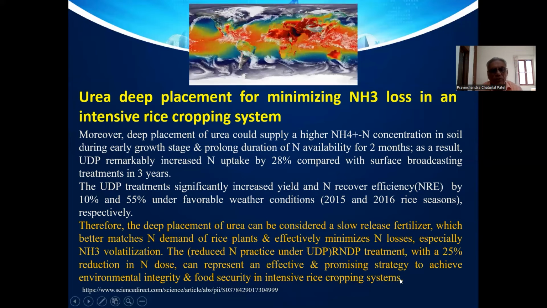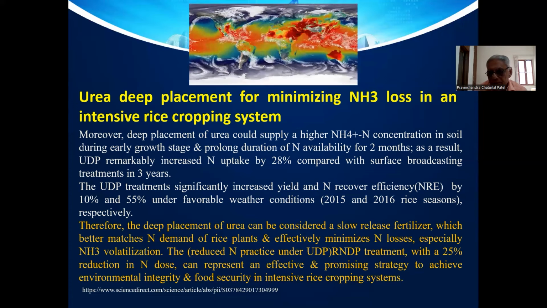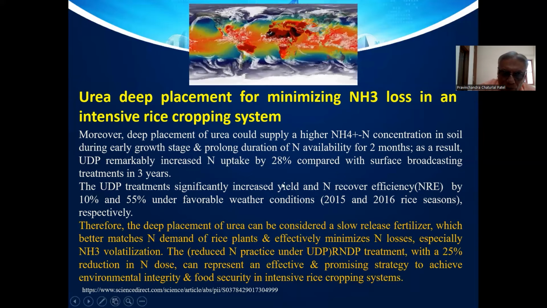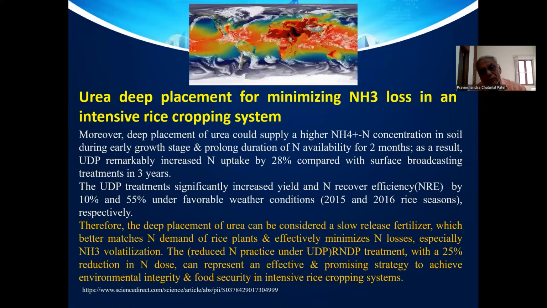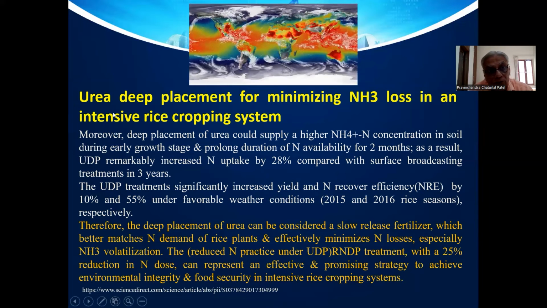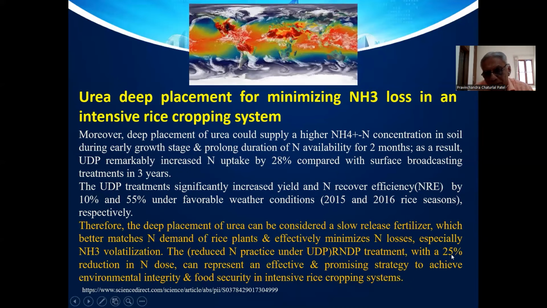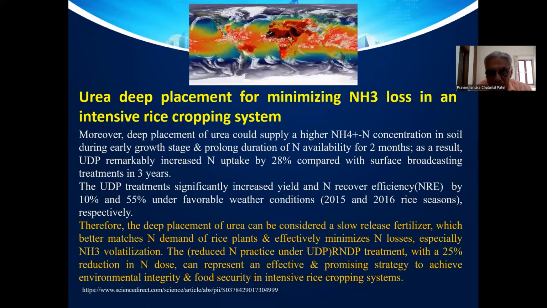So suppose on the basis of the state agricultural university, suppose in India, the recommended dose is 100 kg nitrogen and 30 kg phosphorus. Then we can say when we use the UDP treatment, urea deep placement, then nitrogen requirement is 75 kg and 30 kg phosphorus.